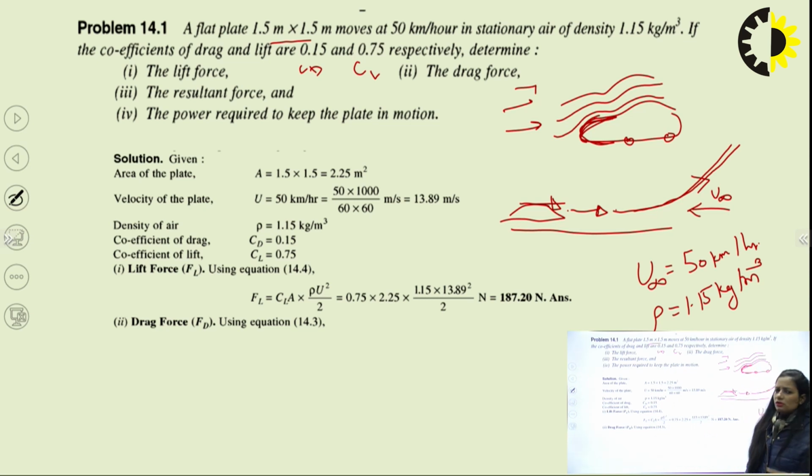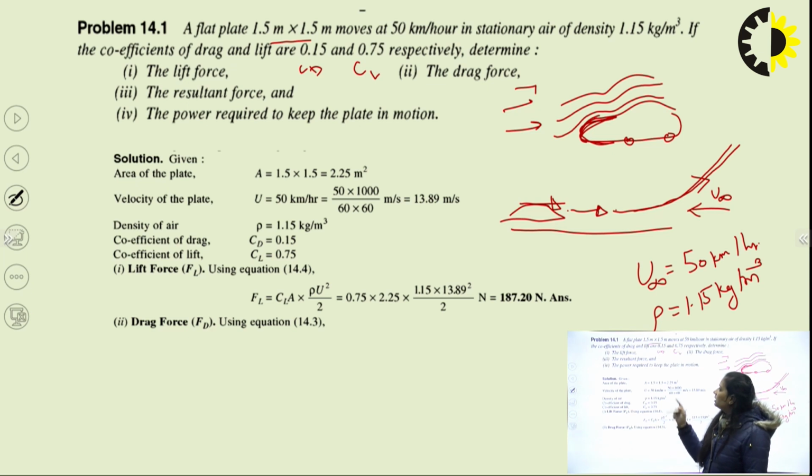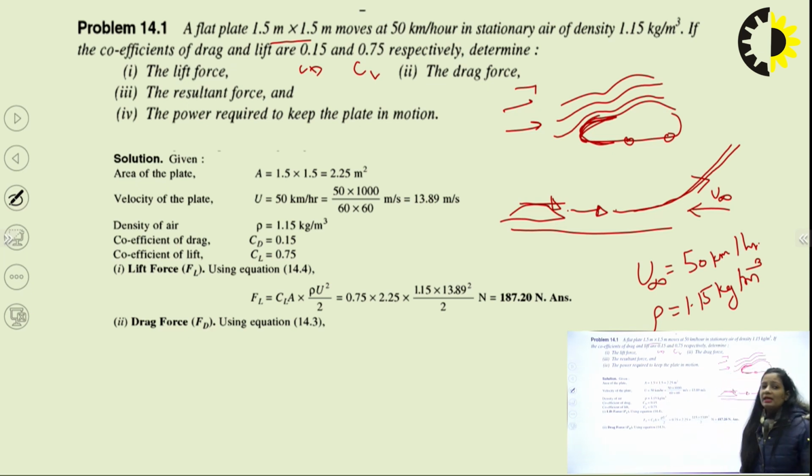Area is also given. Determine first the lift force, second the drag force, third the resultant force, and fourth the power required to keep the plate in motion. So this is a simple case of a flat plate. The area is given, the medium in which the flat plate is kept is given, and the velocity of the flowing fluid is also given.